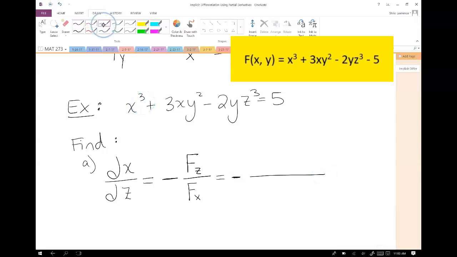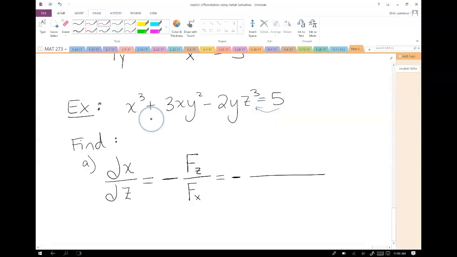One thing that you should do, and I didn't do it on the last one, I probably should have, but it's not going to make a difference, is we should get this set equal to 0. It's not going to make a difference because it's a constant on the other side, and when we pull it over, the derivative of the constant, no matter with respect to whatever variable we take it, is always going to zero out.